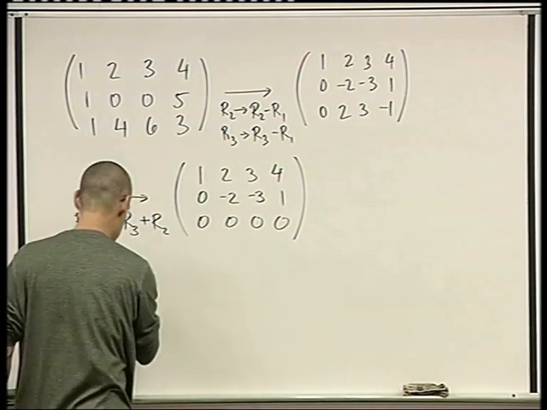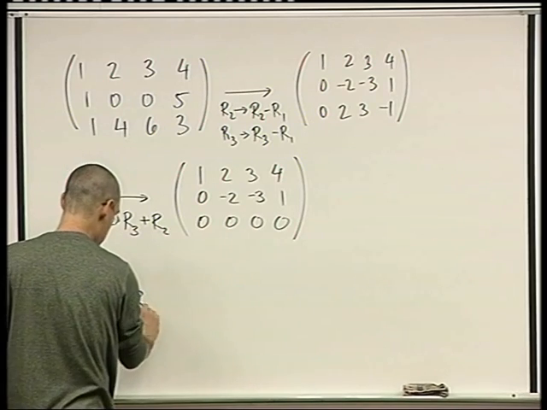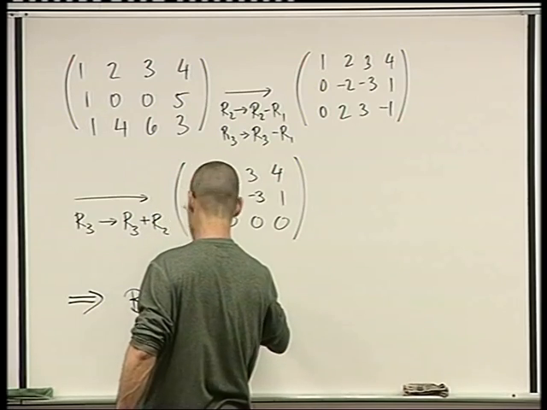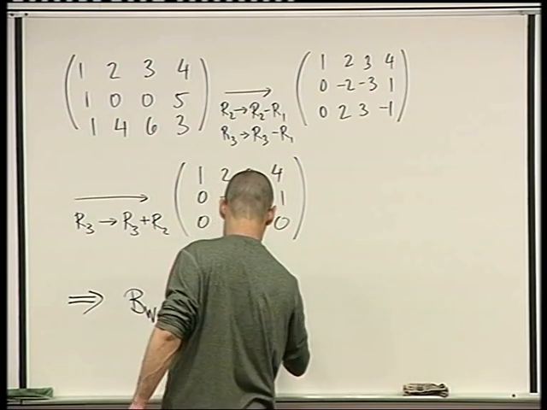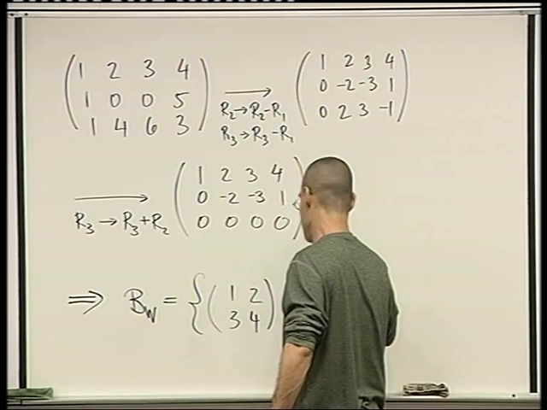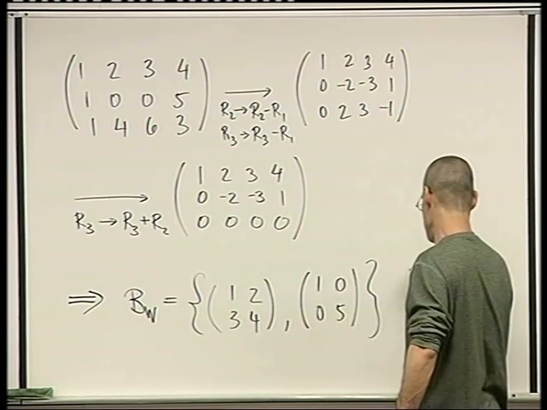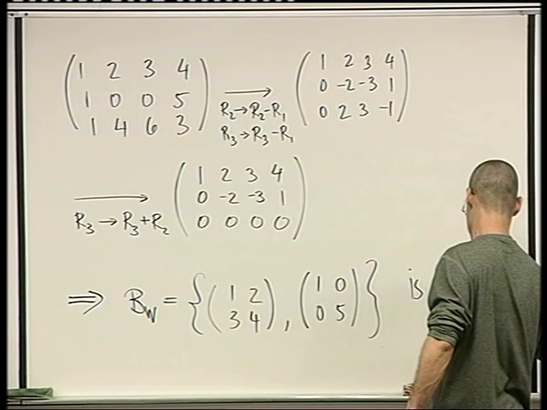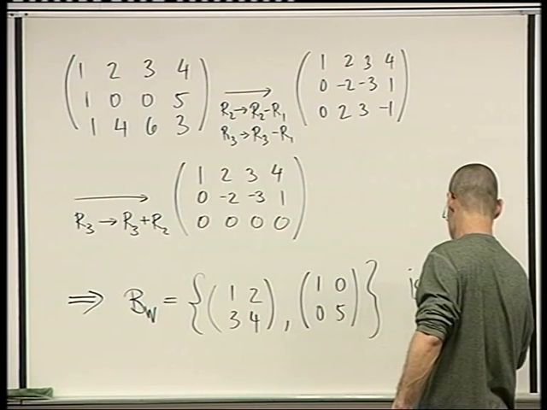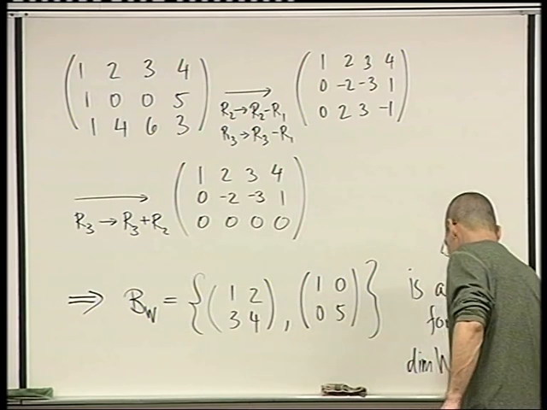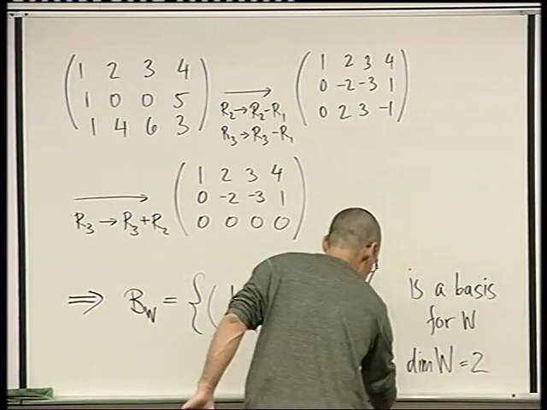The third one is not necessary, and BW, which is the set containing only the first two, 1, 2, 3, 4, and 1, 0, 0, 5, is a basis for W, implying that the dimension of W is also 2.